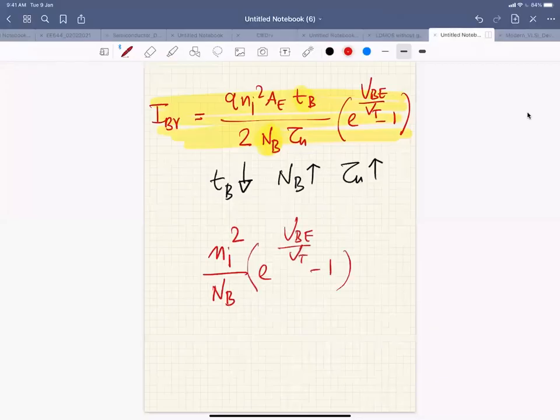This is the electrons injected, delta NB. But if you go on increasing NB just to decrease IBR, what will happen? Your injection will reduce, which means your current will reduce, right?